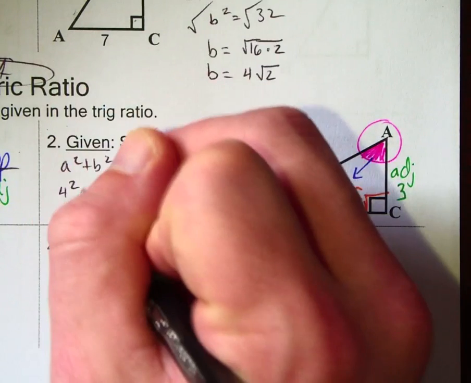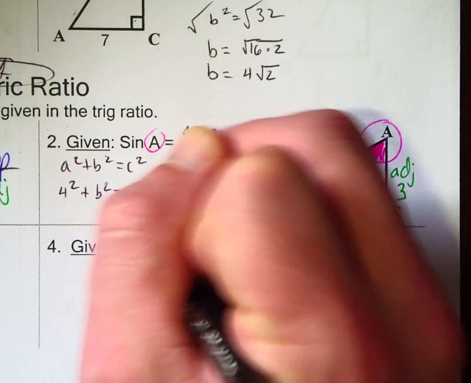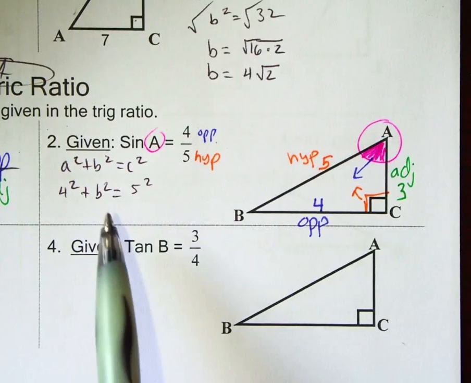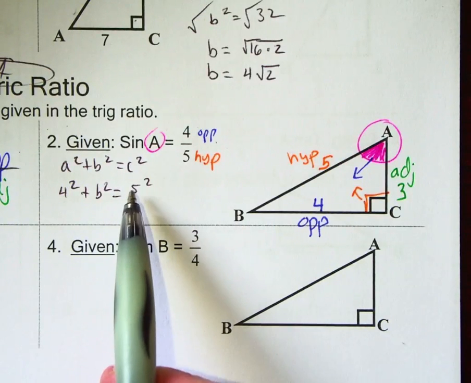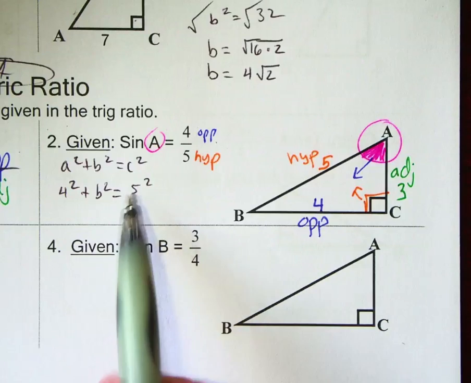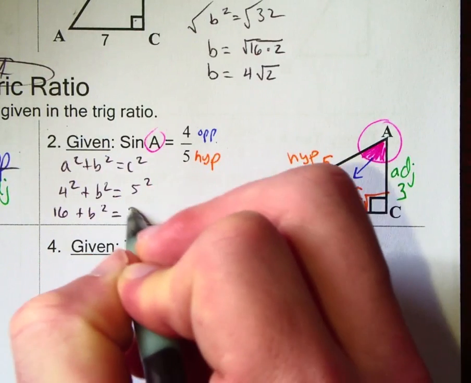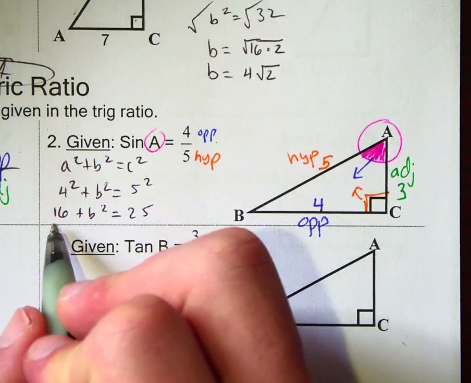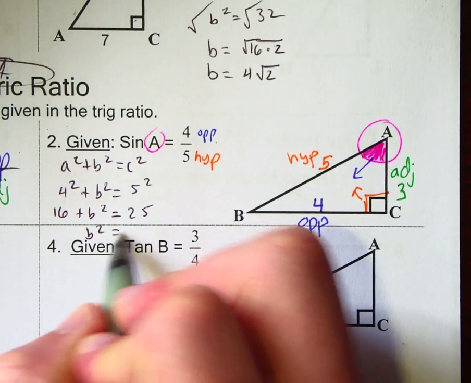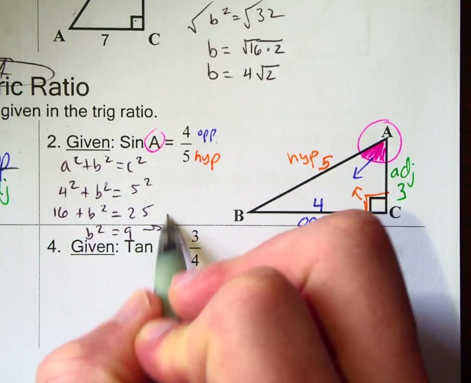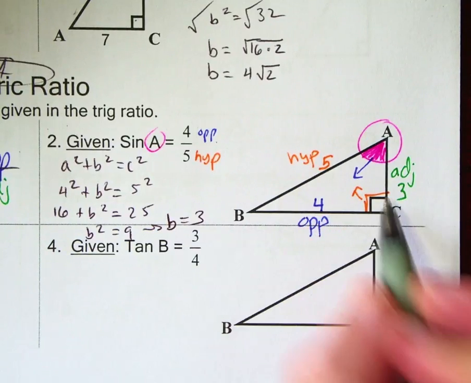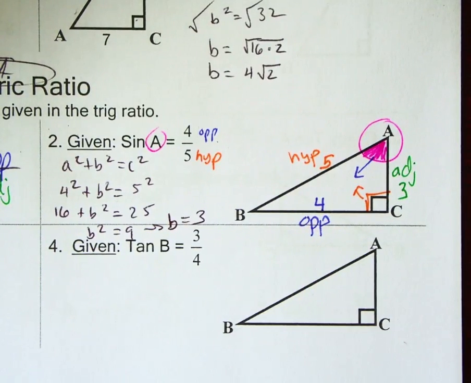Don't put 4 here and then 5 right here. 5 is the longest, goes over where the C is. Be very careful. That's the hypotenuse. So now you've got 16 plus b squared is equal to 25. Take away 16 from both sides, you've got 9. Therefore, if you square root both sides, b is 3, which we already have.